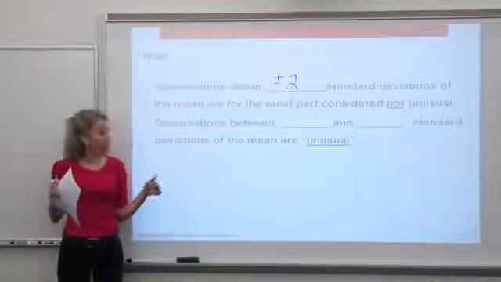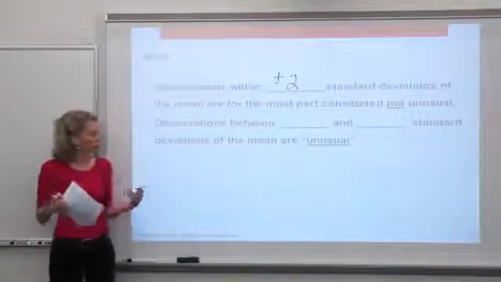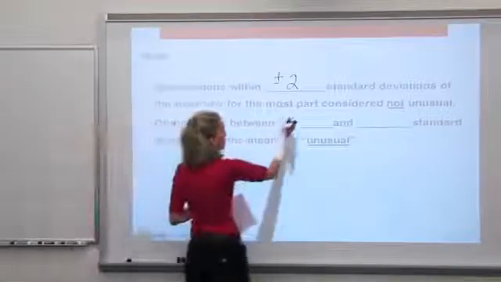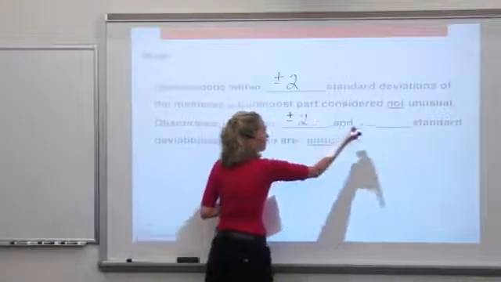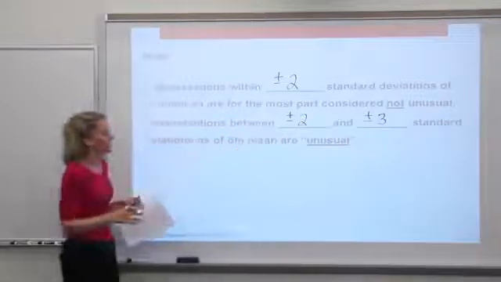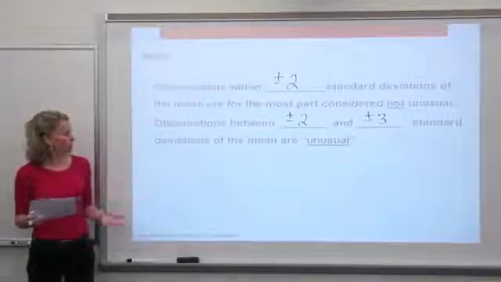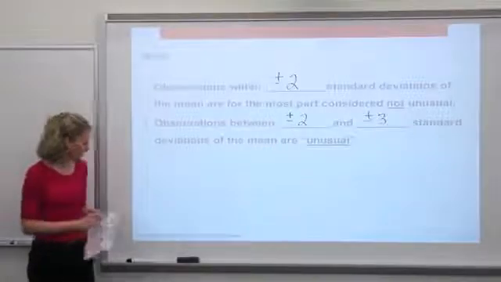Once you have observations that get to be 2 to 3 standard deviations from the mean, they're starting to be unusual here. So between 2 to 3, and in either direction, plus or minus just means I could be 2 or 3 above the average or 2 or 3 below the average. Those observations are unusual.